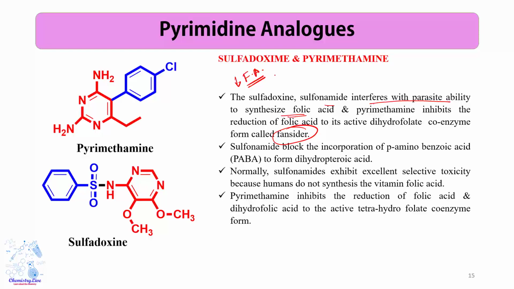So that folic acid is again reduced, converted to dihydrofolate. Sulfonamide blocks the incorporation of para-aminobenzoic acid to form dihydropteroic acid. Normally, sulfonamide exhibits excellent selective toxicity because humans do not synthesize folic acid, and pyrimethamine inhibits the reduction of dihydrofolic acid to the active tetrahydrofolate coenzyme form.